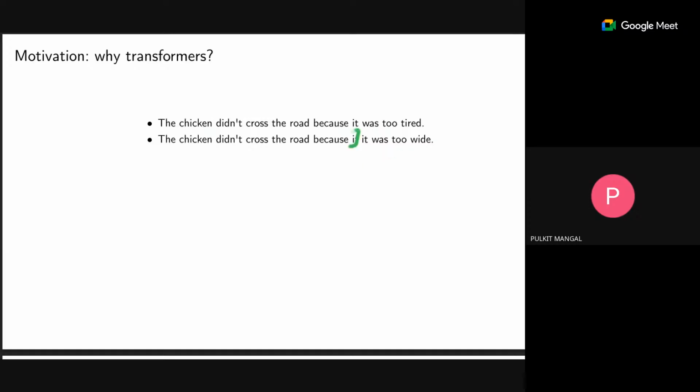The idea is, in the first sentence, the 'it' was referring to what? The chicken. While in the second sentence, the same 'it' was referring to the road. So depending upon the company that my word keeps, its meaning and semantics change.